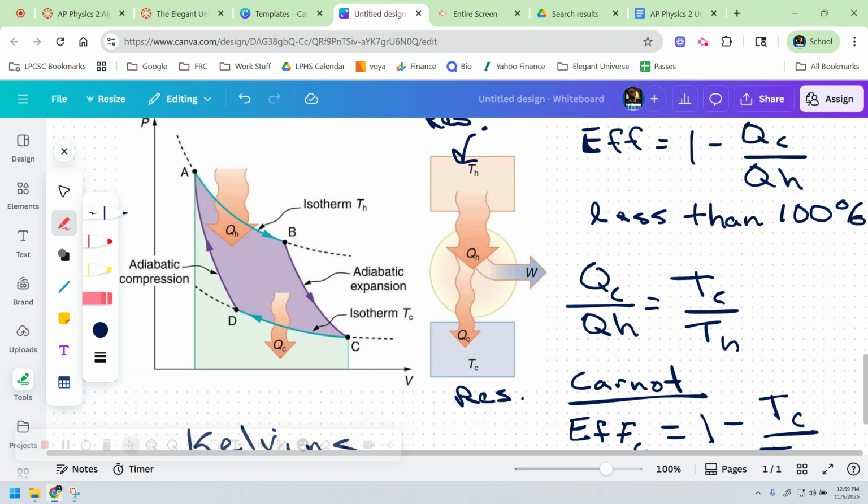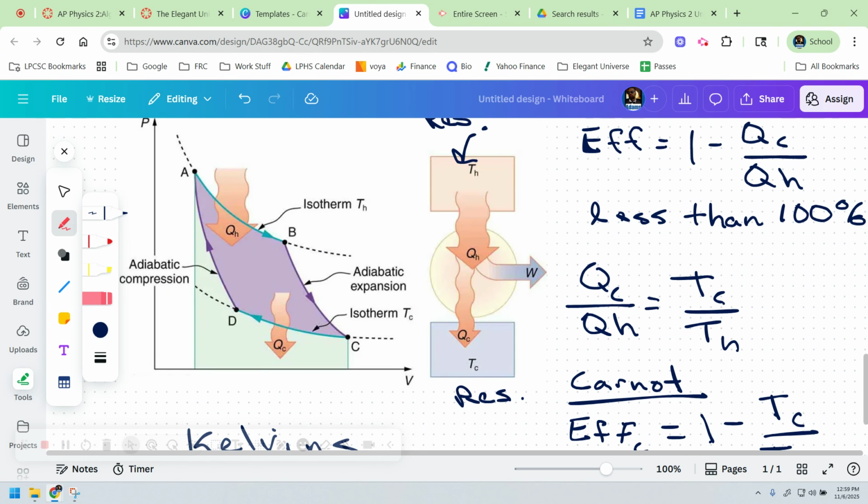Employing only reversible isothermal and adiabatic processes, the heat engine's heat transfer QH occurs into a working substance during an isothermal path AB, which takes place at a constant temperature TH. The heat transfer QC occurs out of the working substance during an isothermal path CD, which takes place at a constant temperature TC.